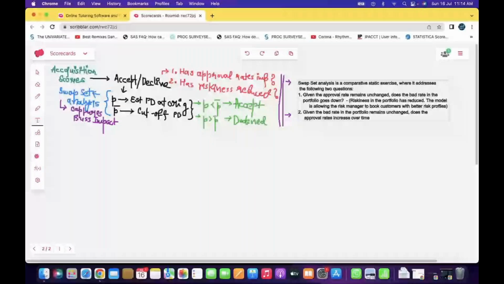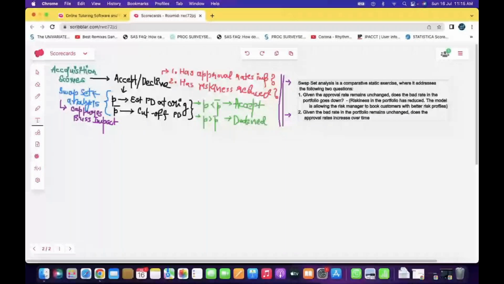So at that given approval rate, the percentage of bad borrowers who are being given the loan has reduced, right? So is this part clear to us?